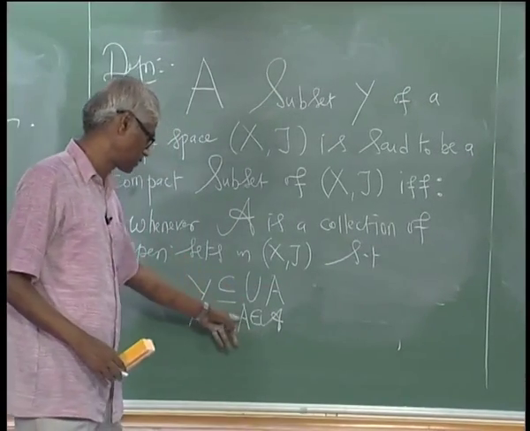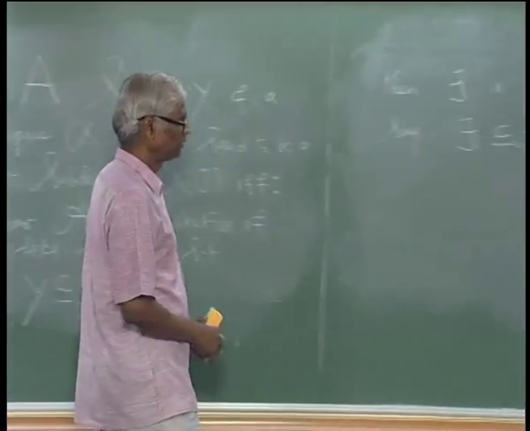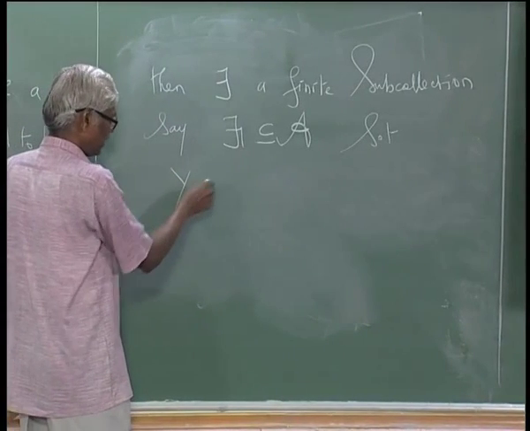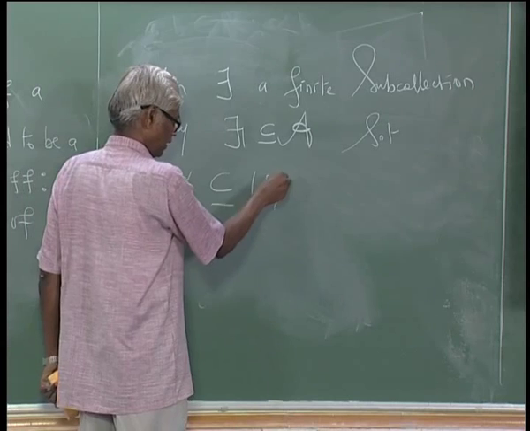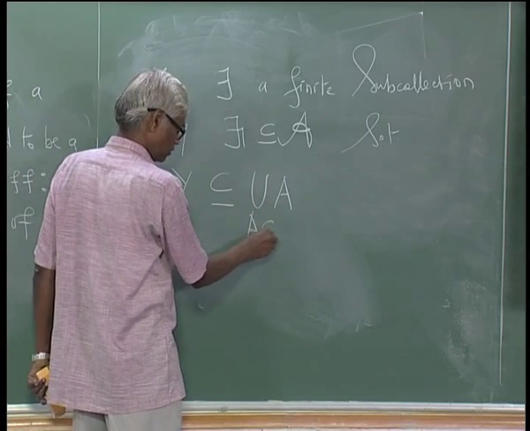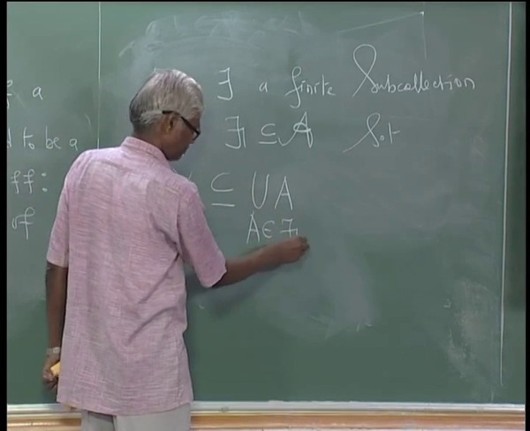That means it will cover the whole of Y, such that Y is also a subset of the union of A belonging to script F.